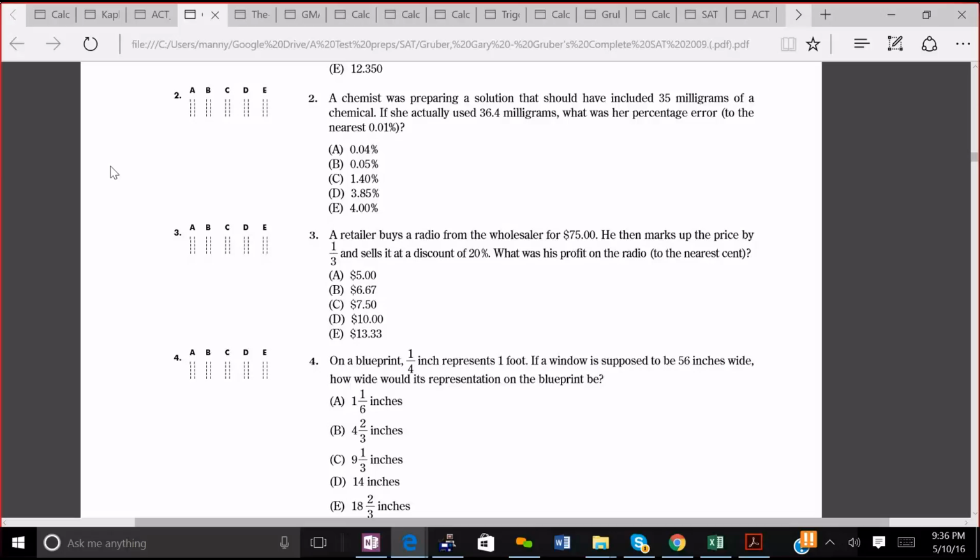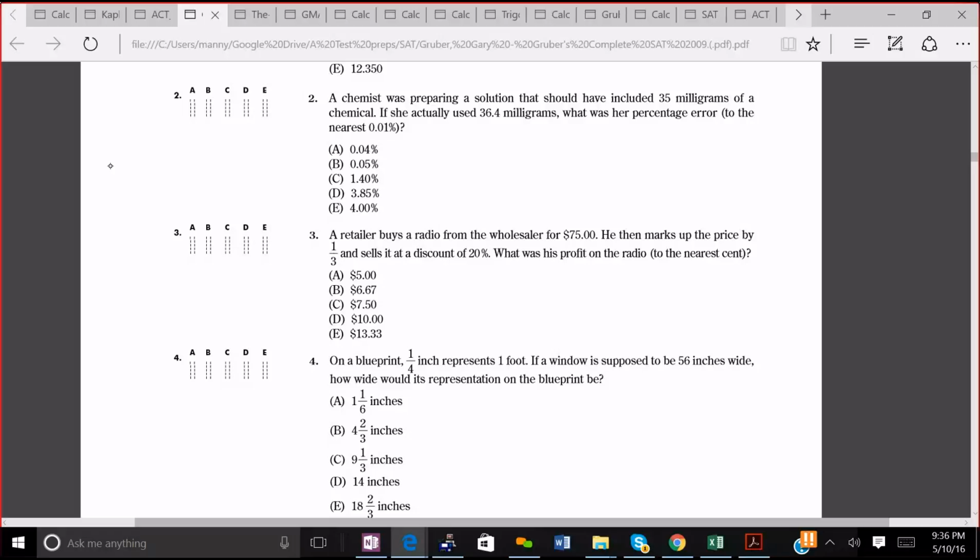Yeah, that would be the change, 1.4, over the original, which is 35. 35 changes to 36.4, right? So is it 0.04? Is it A?